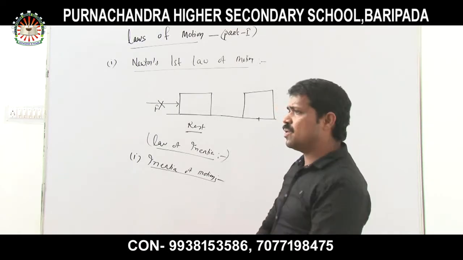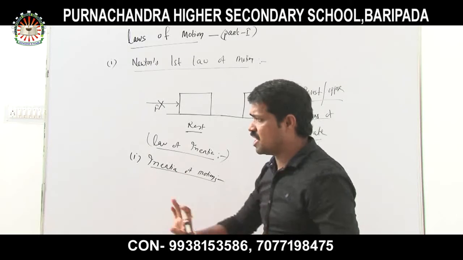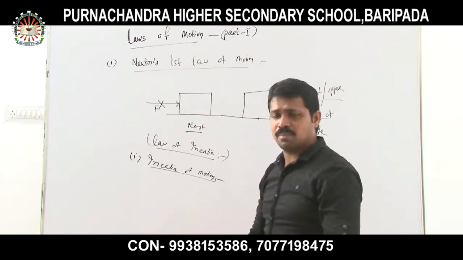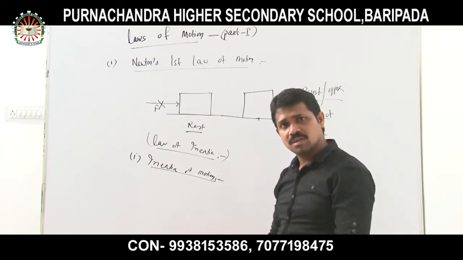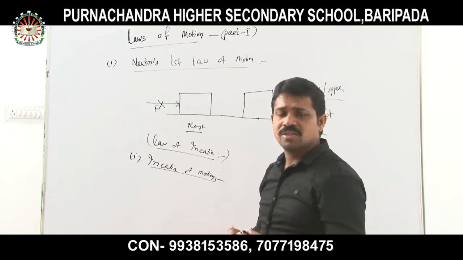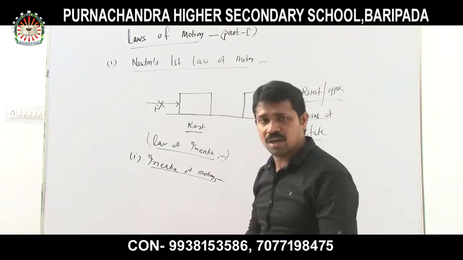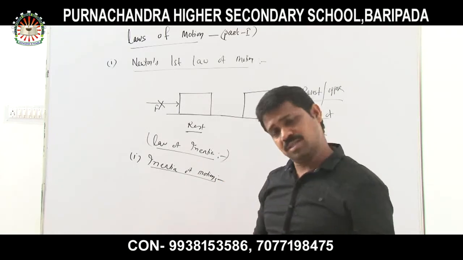Clear? Another example you can take: suppose a bus is moving in a straight direction, and suddenly the bus driver applies the brake. Then what happens? The passengers sitting inside will feel a frontward jerk. Why? Same reason.